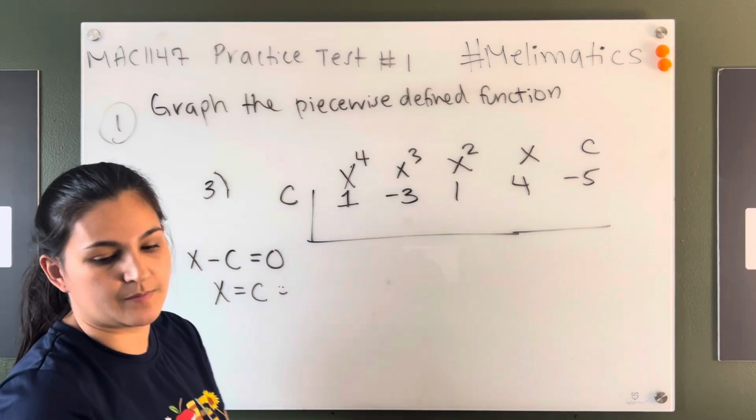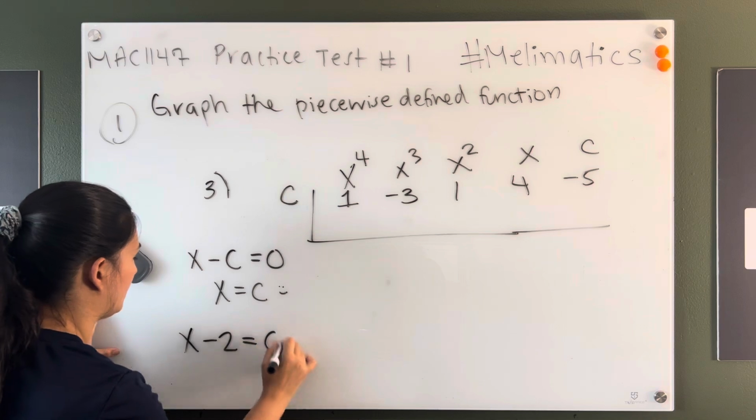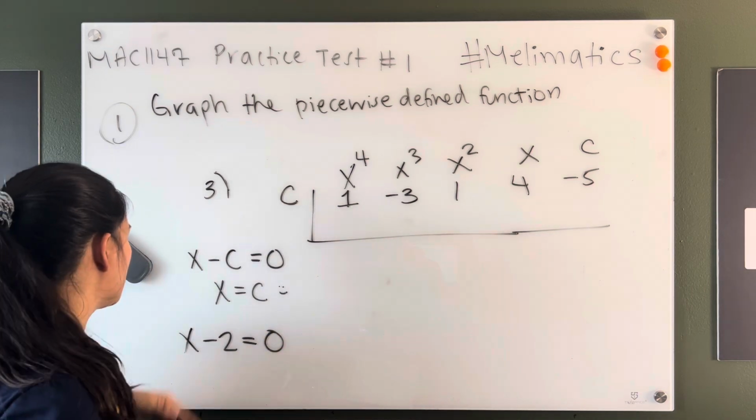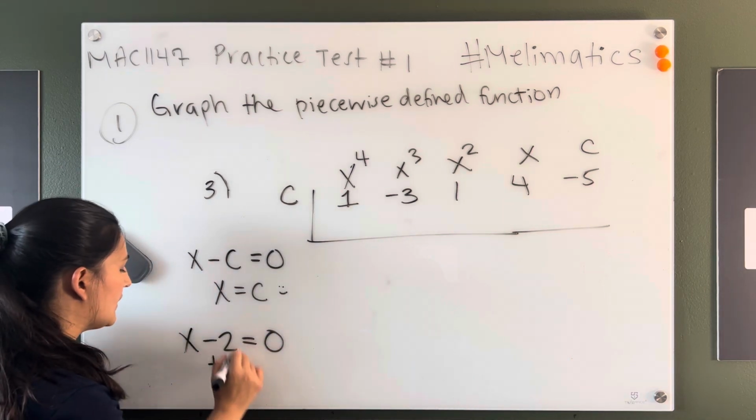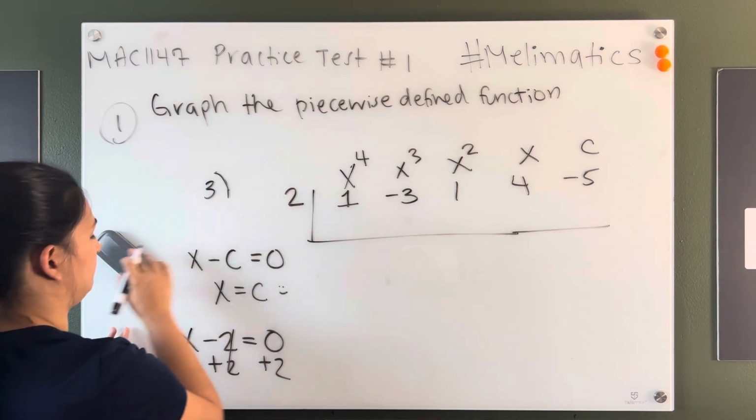Okay, we'll do x minus 2. It's fine. We're just gonna solve for x. So we're gonna add 2. So we're gonna have 2 as our c.